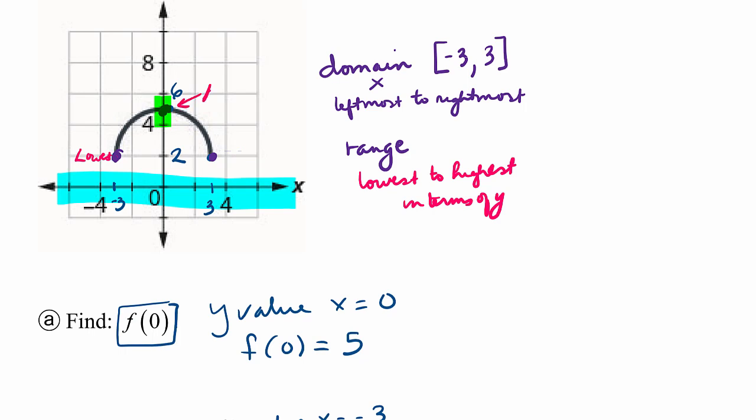That's our highest point. We're describing the interval in terms of y. So the y value at the lowest point is 2, bracket because we include it, and the y value at the highest point is 5, bracket because we include it. You starting to get an idea of how to find these domains and ranges? Again, practice is key.